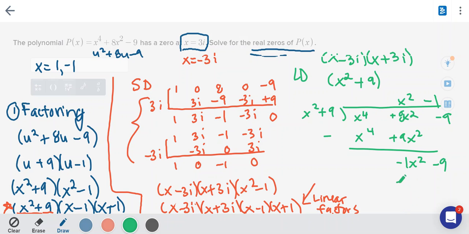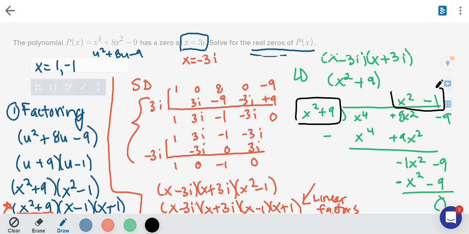Oh, look at that. Okay, look at that, guys. These are the factors right here. I know that you're thinking this is confusing because there's so many ways to do this, but these two things multiplied together are the factors of this question right here, which we happen to get another way. All of this work is connected. All right, but 1 and -1 are the real zeros.